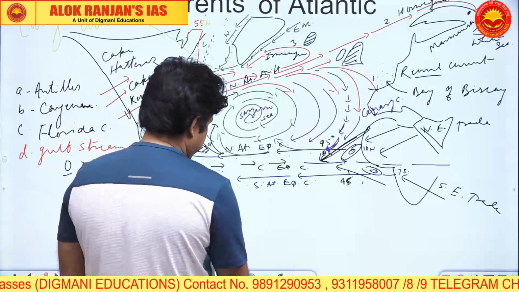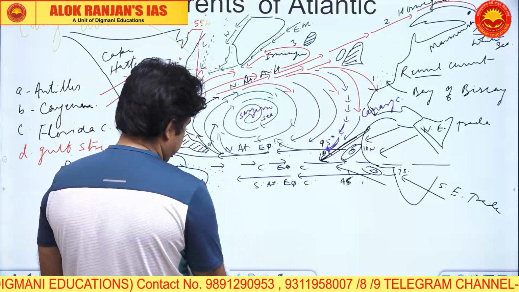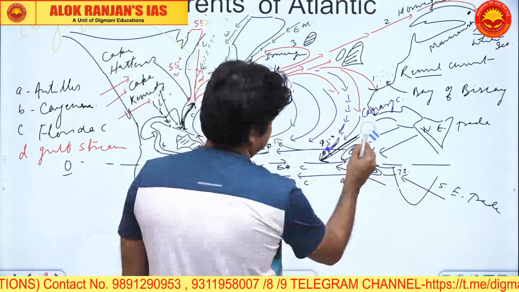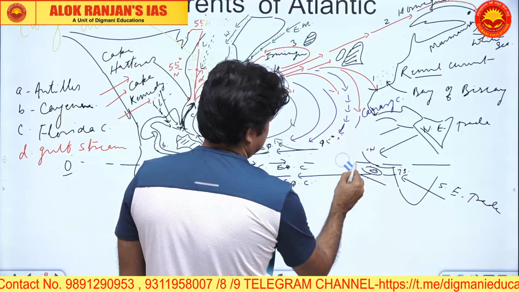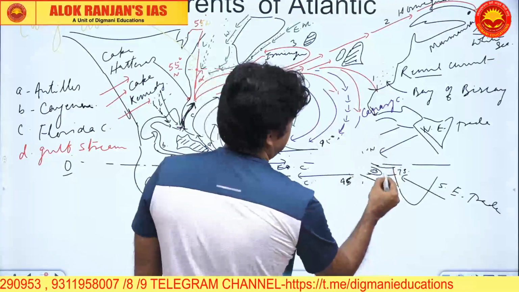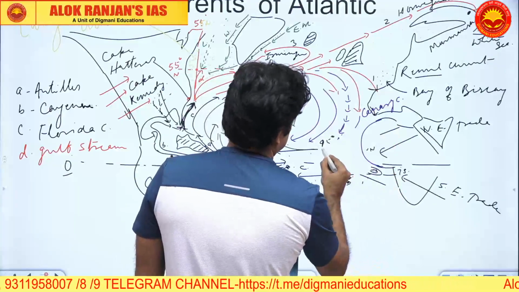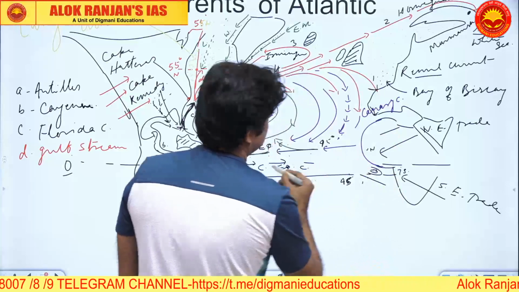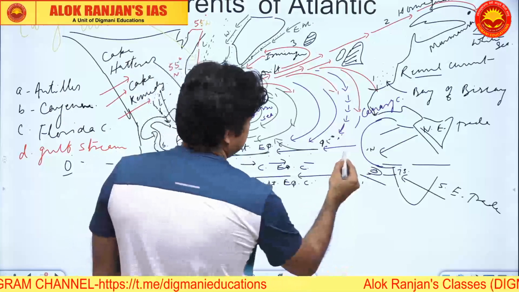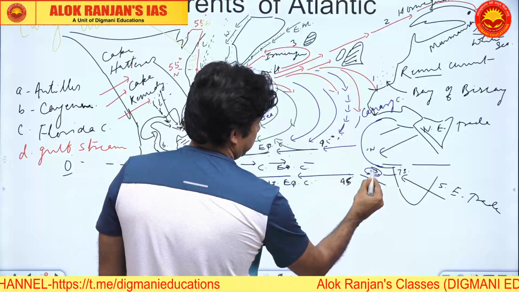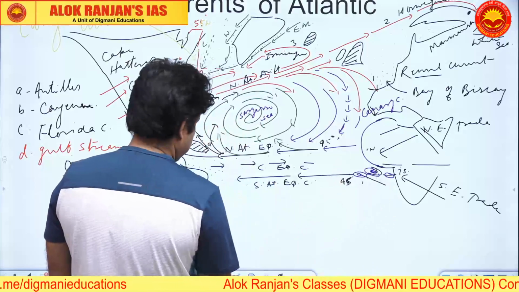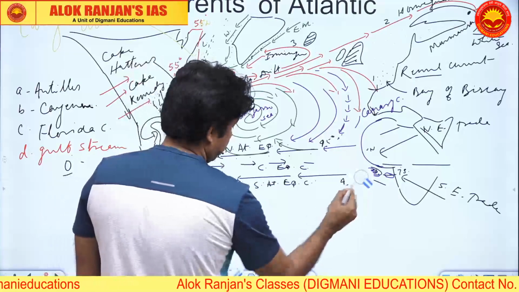Now there is one small current which also must be pointed out, otherwise this discussion will not be complete. Here there is a loss of water from this region, near the south equatorial current.